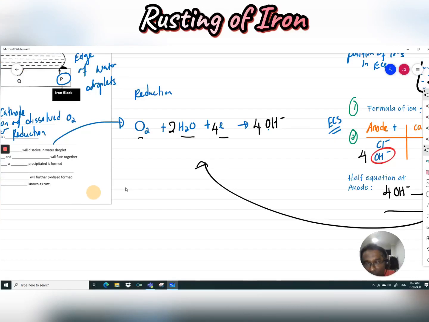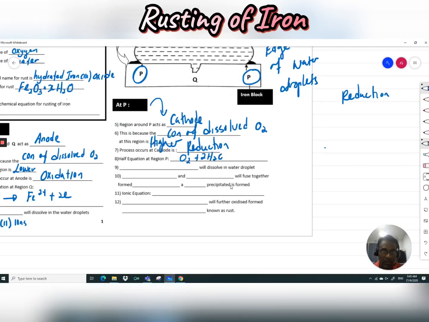So I'll repeat again how to write the half equation. 4 electrons, and the product formed is 4 hydroxide ions. And these hydroxide ions will dissolve in the water molecule. The next part, iron 2 ions and hydroxide ions will fuse together to form iron 2 hydroxide, a green color precipitate.